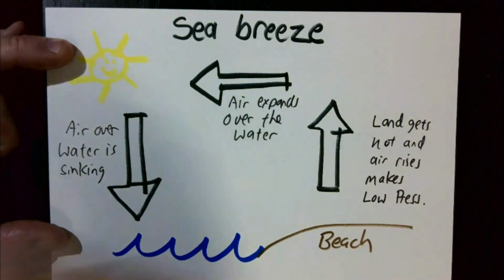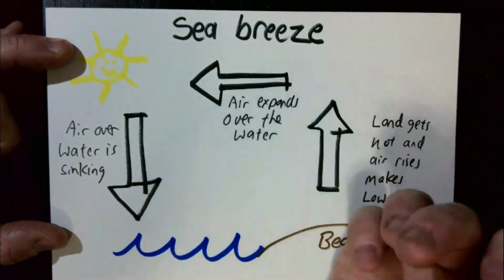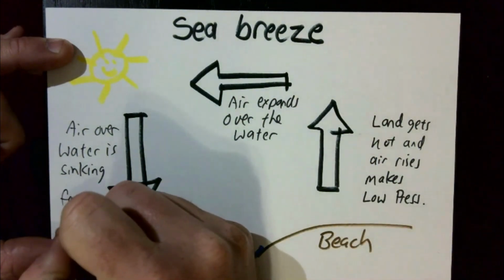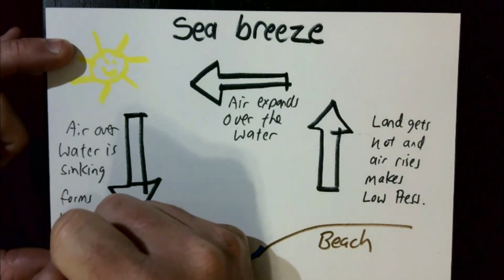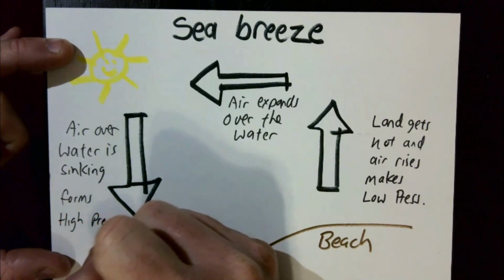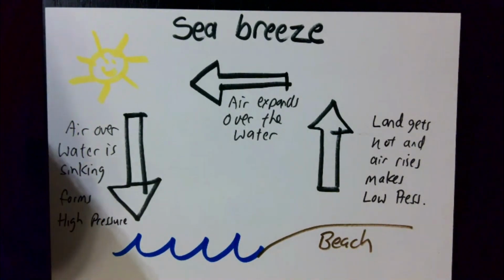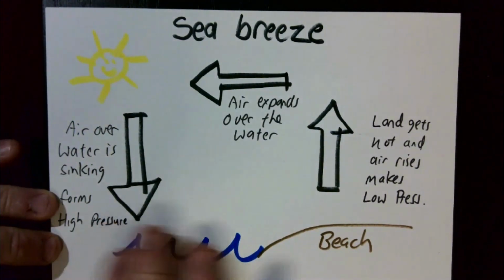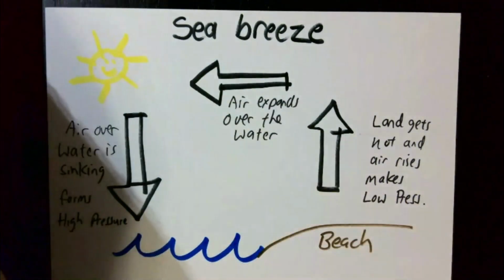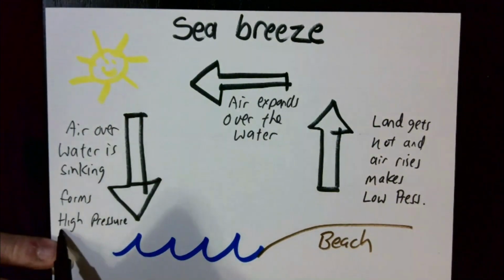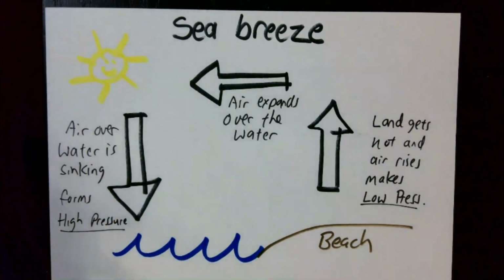Now, air sinking means there's going to be more air down here, which forms high pressure. Well, now we've got an area of high pressure here and an area of low pressure here. High pressure here, low pressure here.